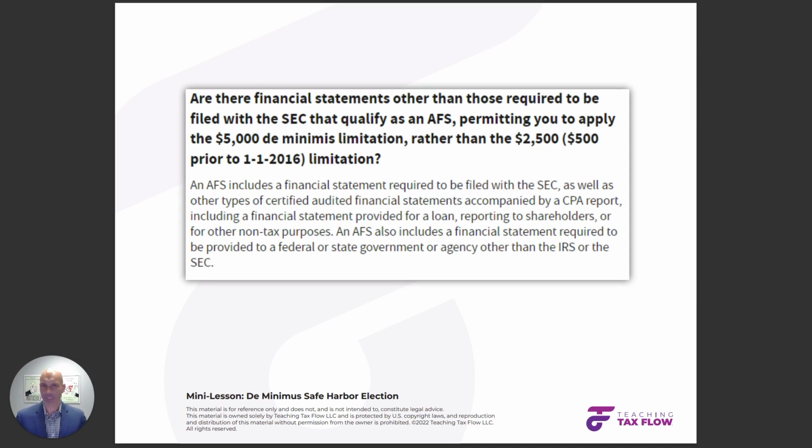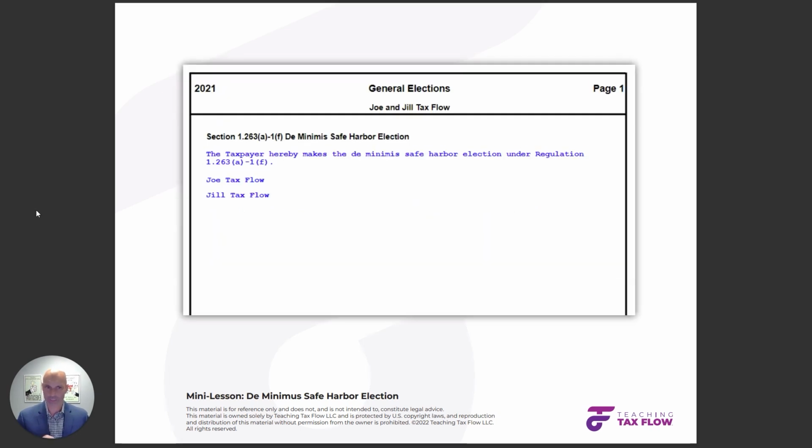So if you have a CPA coming in and doing what's called attestation services, such as a CPA audit, then you have an applicable financial statement. And the limit for the safe harbor is $5,000 instead of $2,500. Finally, an AFS also includes financial statements required to be provided to federal or state government agencies other than the IRS and SEC. So let's say you're a nonprofit or you have some type of activity that is required to report to a federal or state government agency, then you by default have an AFS. But again, the majority of people are not businesses with an AFS.